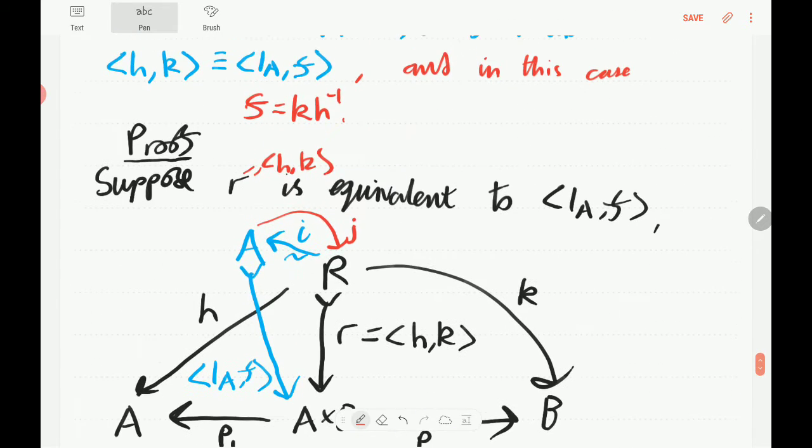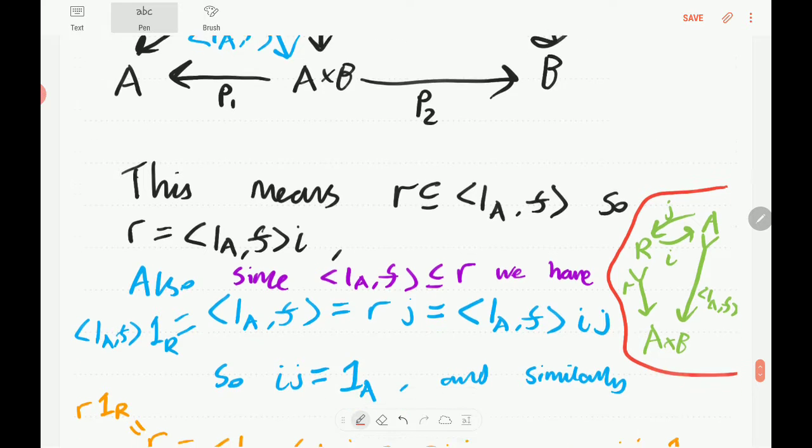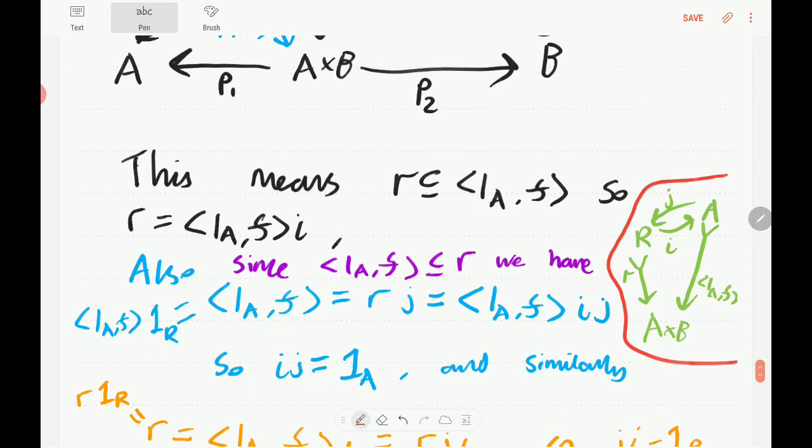And to say that R is equivalent to the graph of F is basically to say that R is contained in the graph of F, and the graph of F is contained in R.